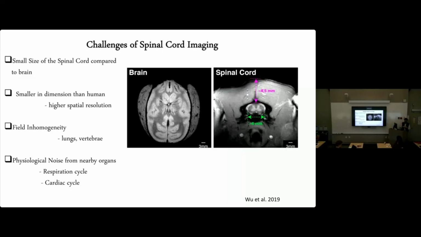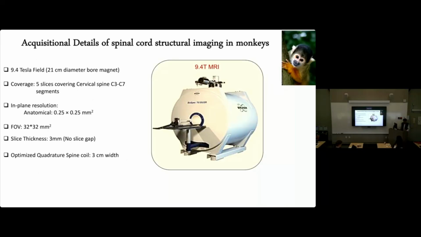Then the known artifacts that arise because of B0 inhomogeneity, both temporal and static, from the lung and vertebra, and also from the respiration and cardiac cycles, are well documented in the spinal cord literature. So these things remain the same in preclinical models too.